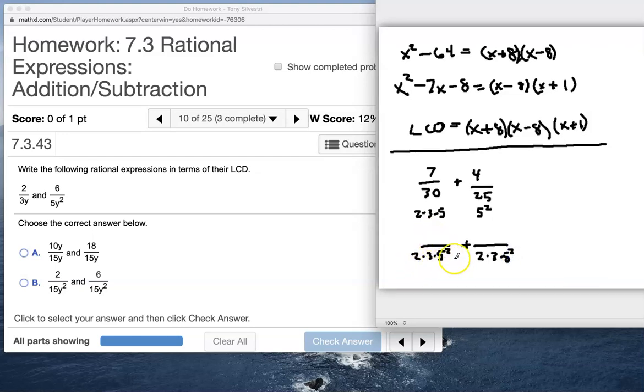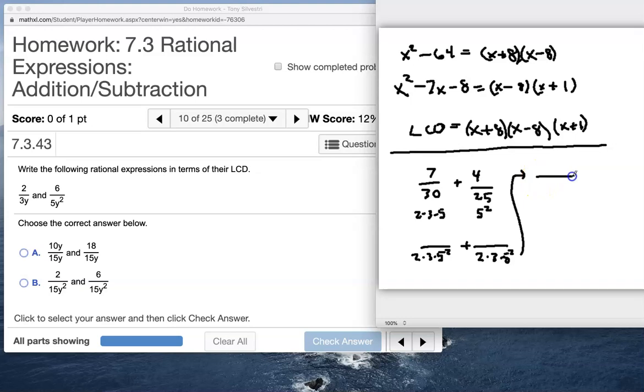Okay, now let's go over here because I didn't give myself enough space. This is going to be 150 as a denominator plus 150 here as well. So that's the lowest common denominator.